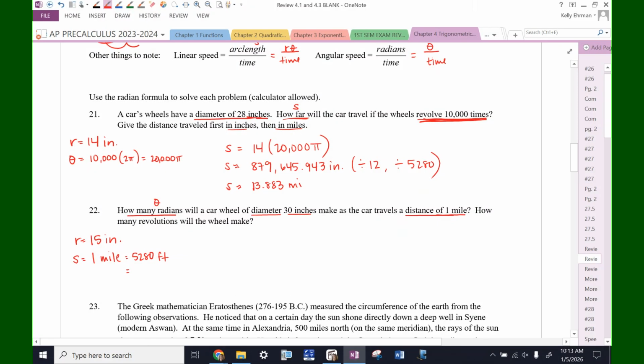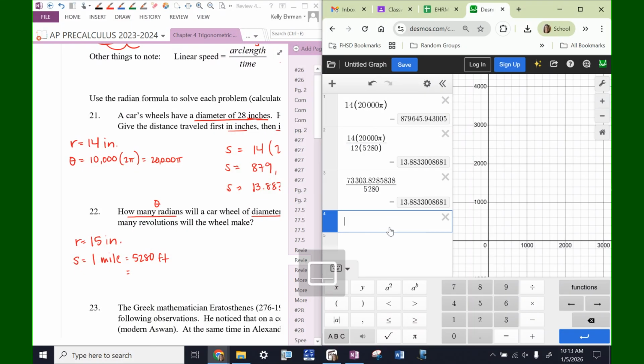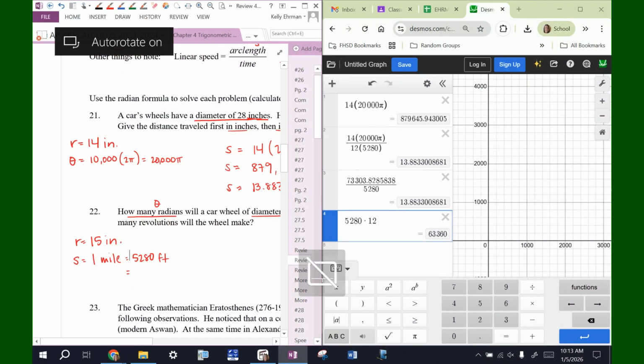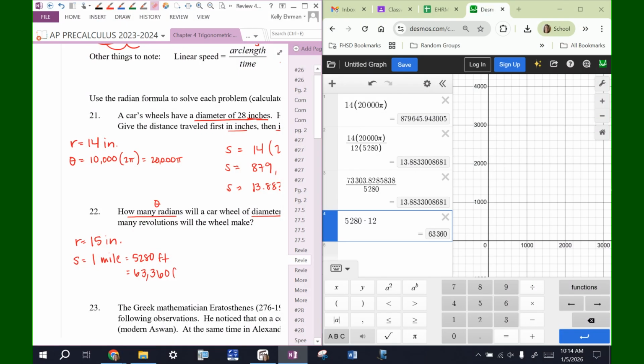Multiply that by 12. 5,280 times 12 is 63,360 inches. I wouldn't want to convert 15 inches to miles because that would be a decimal with a lot of decimal places, and I don't want to do that. I almost wrote feet, meant to write inches.